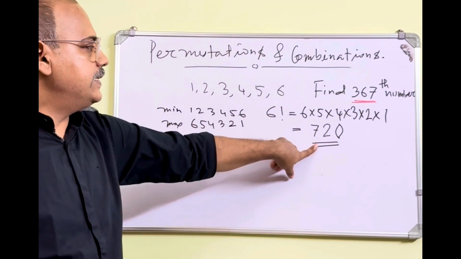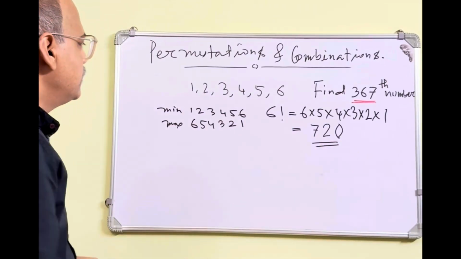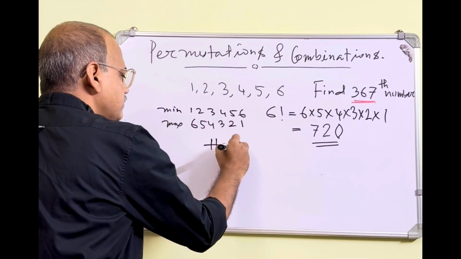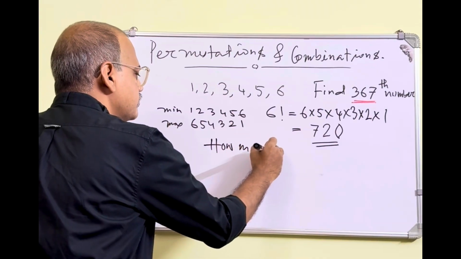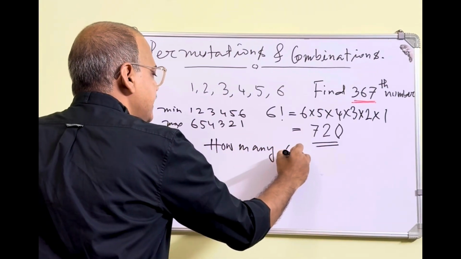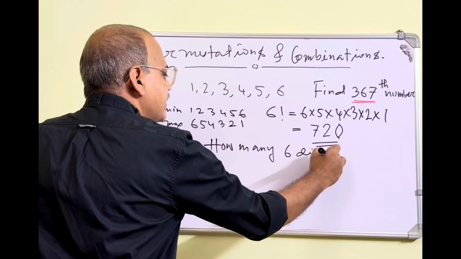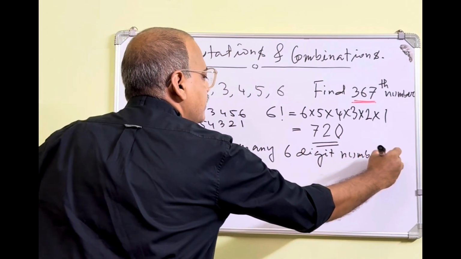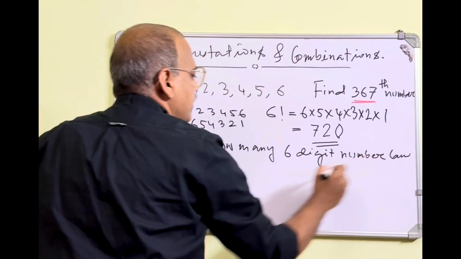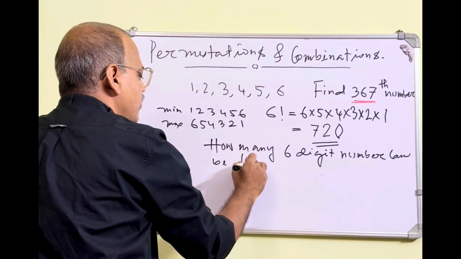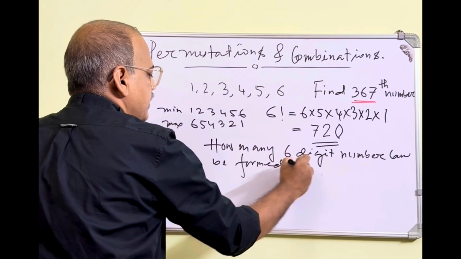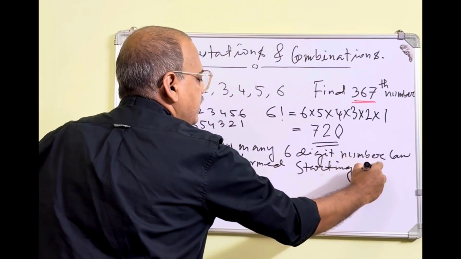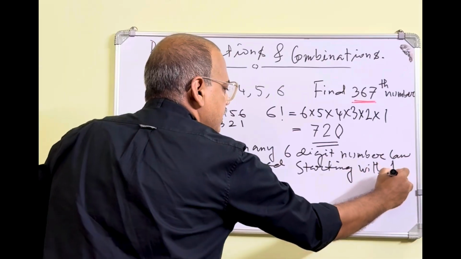Total 6-digit numbers are 720. Now we need to find how many 6-digit numbers can be formed starting with 1.